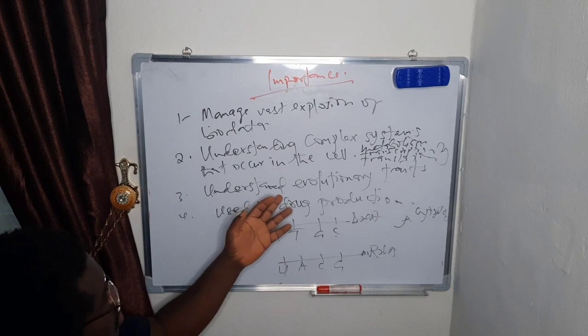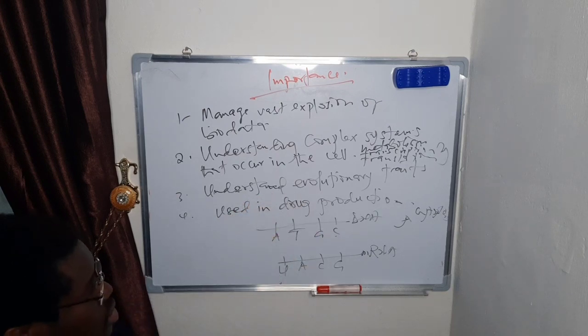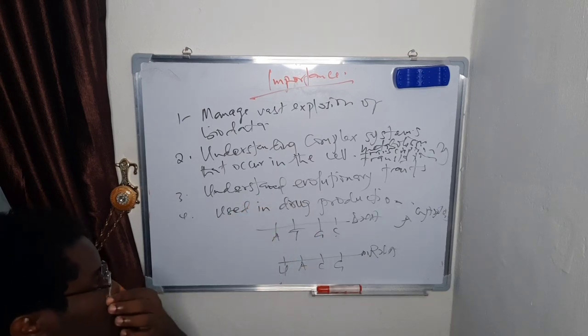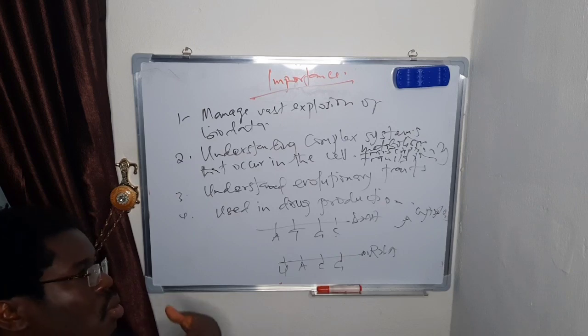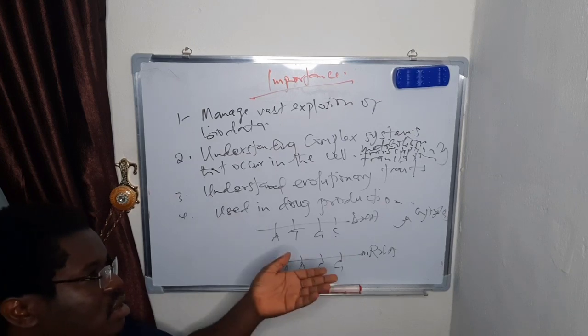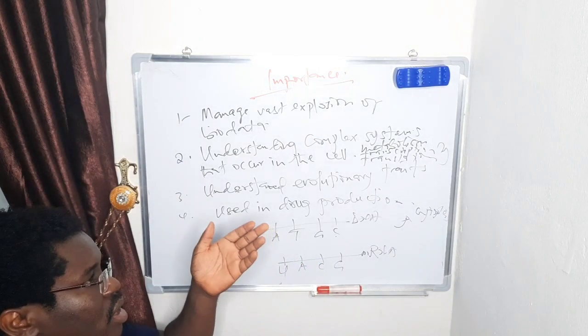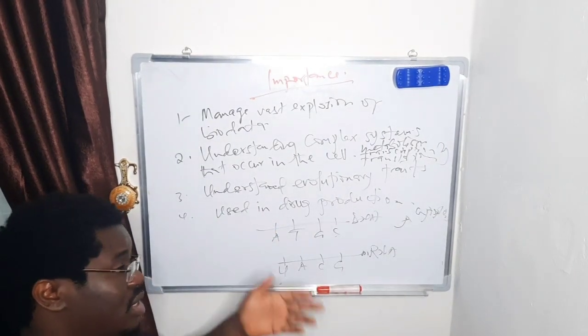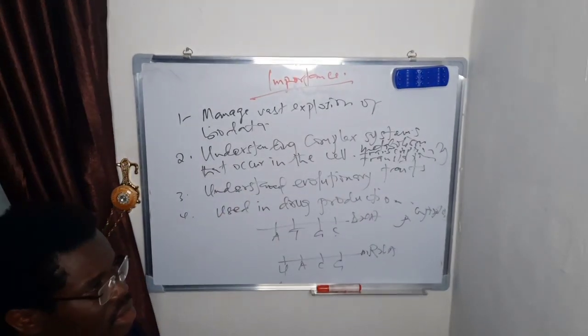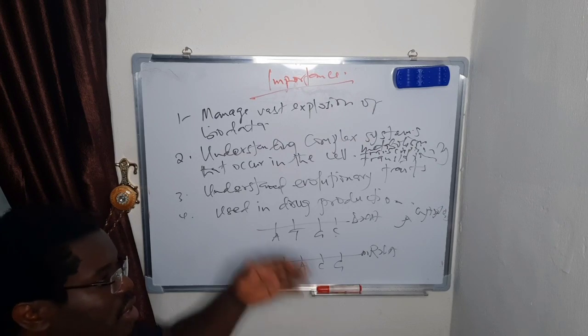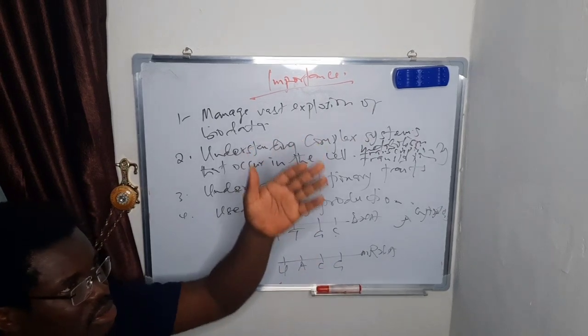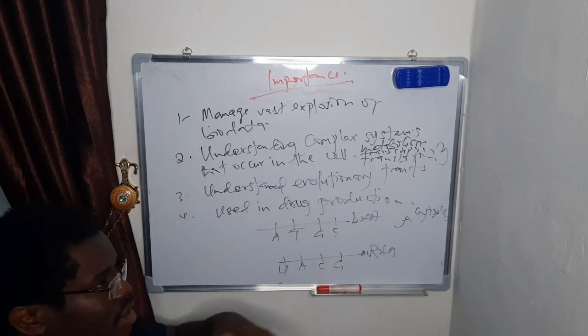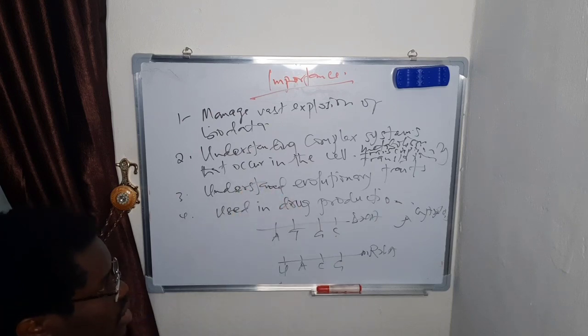Okay, understand evolutionary traits, genetic traits. Just like I said, why a certain family tree or a certain family, why are they intelligent? There could be a reason for that. Everybody there is intelligent, or maybe albinism, or why this family has twins in their bloodline, or anything at all.